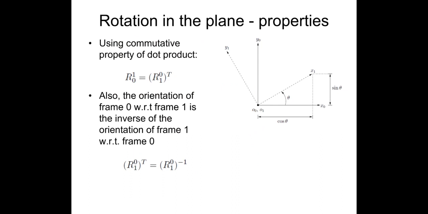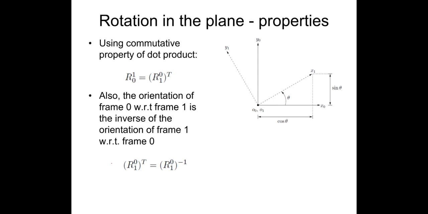A quick summary of the properties. The properties are the same as for transformation. One property is that if we calculate the transpose of R10, it equals R01. That is the commutative property of dot product.